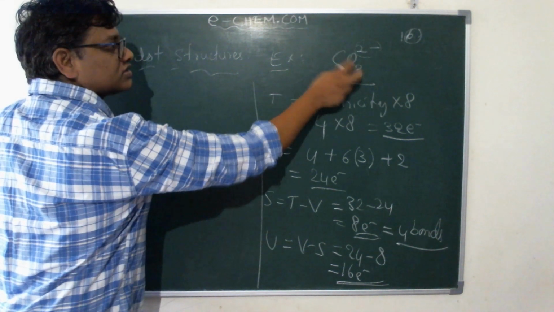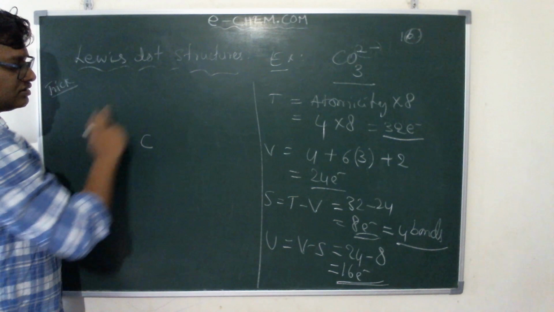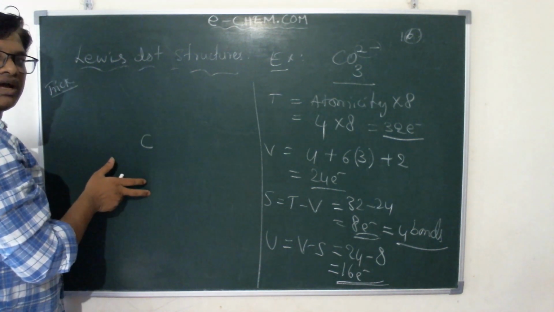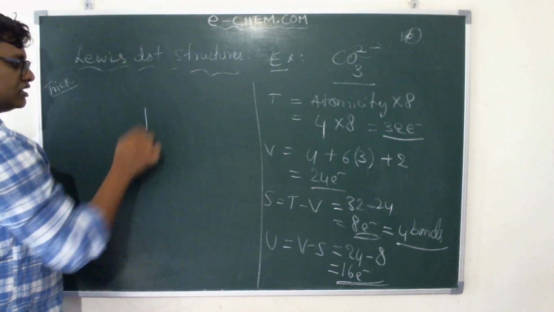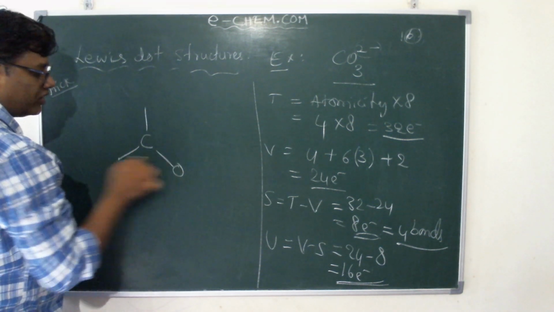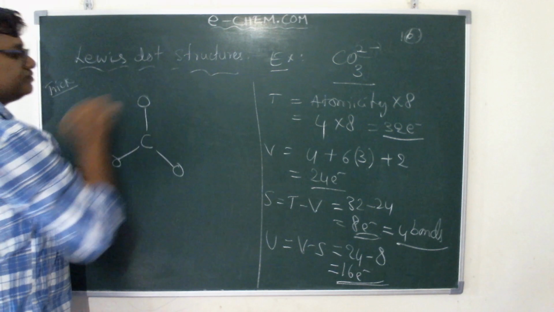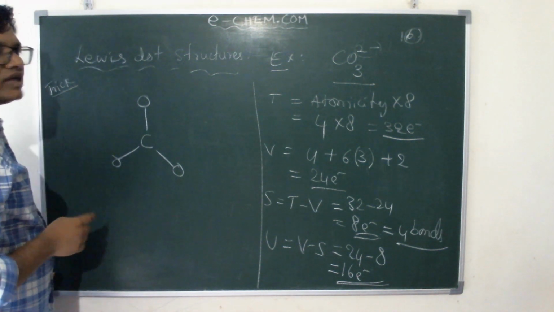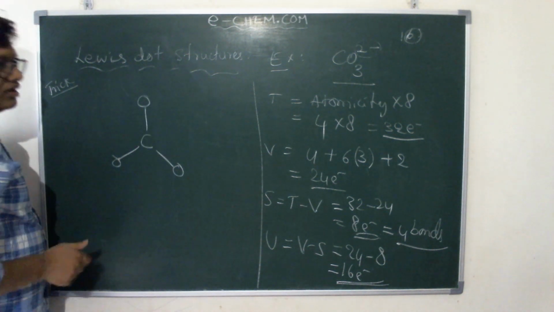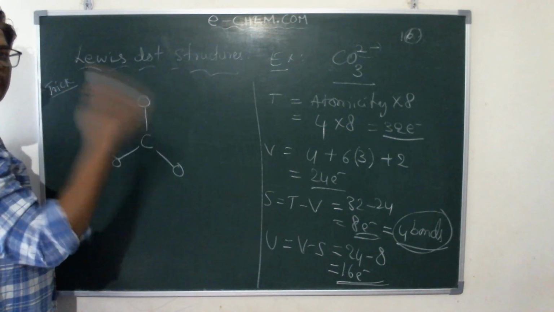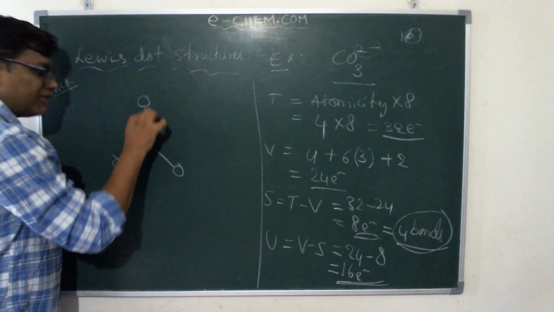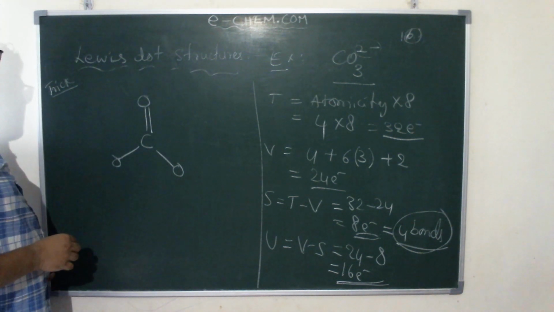Now the oxygens are taken as terminal atoms, which are more electronegative. I have only 3 oxygens, so we can make 3 covalent bonds with the carbon. This is a skeleton. Now the total number of bonds I got is 4, so the 4th, extra bond must be a double bond between carbon and oxygen.